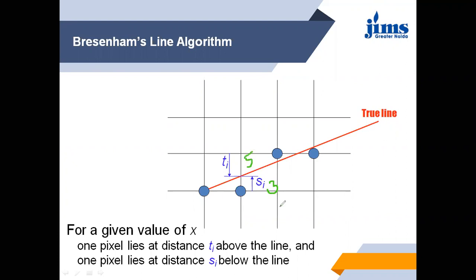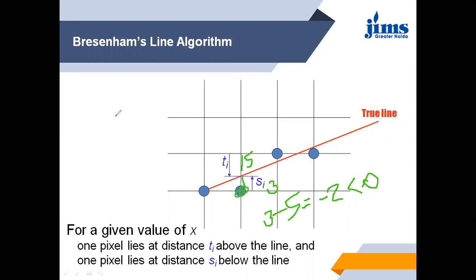Then 3 minus 5 gives minus 2, and minus 2 is less than 0. From here we can say that this is 3 and this is 2, so it is nearer to this pixel, and we have to glow this pixel.